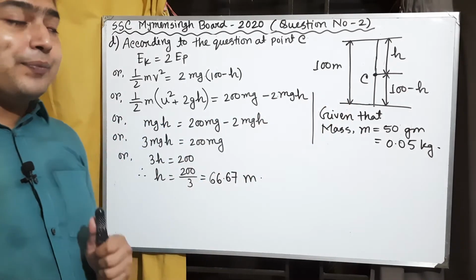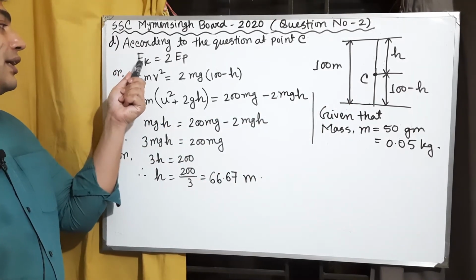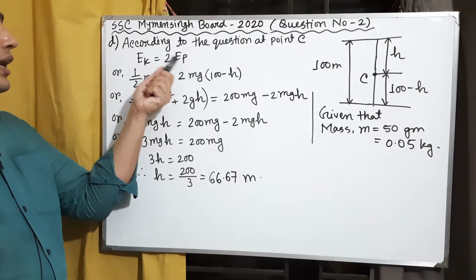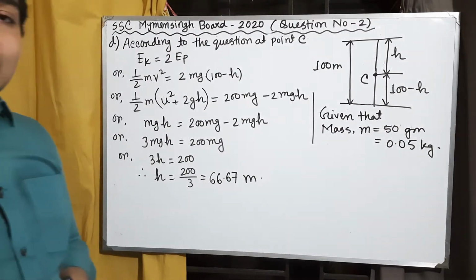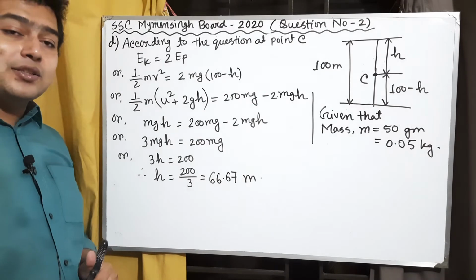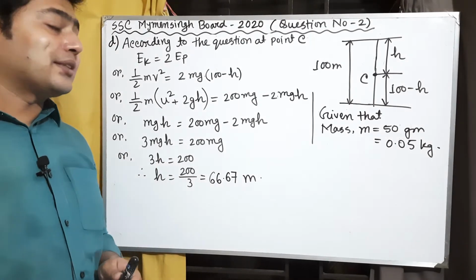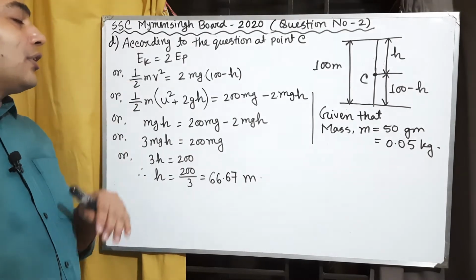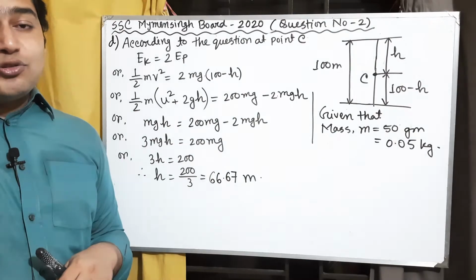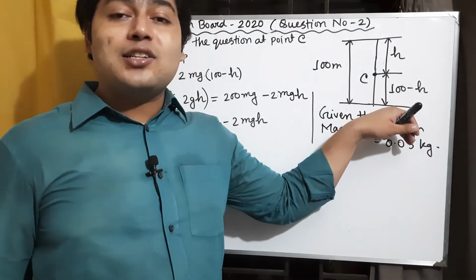So the condition is that kinetic energy is equal to double the potential energy. We know that Ek equals half of mv square and Ep equals mgh. For determining the potential energy, you should remember that the height is measured from the ground.